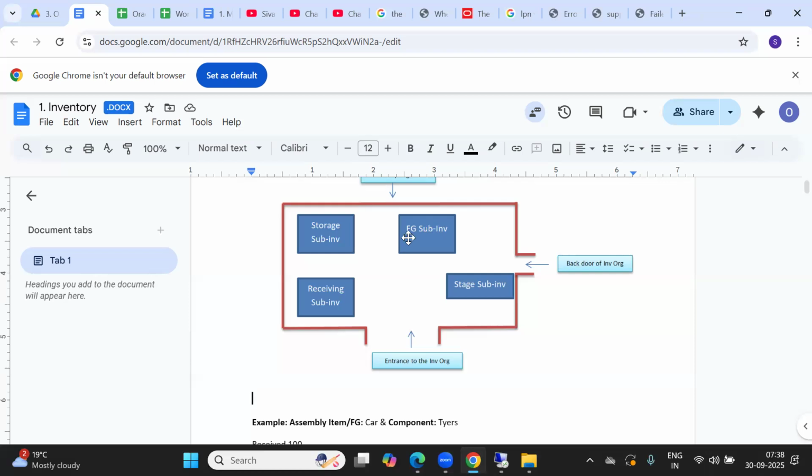If you move the quantity from the storage sub-inventory to another sub-inventory, that is a sub-inventory transaction. A miscellaneous receipt just increases the quantity in one sub-inventory, and a miscellaneous issue decreases it. Moving the quantity from one sub-inventory to another is called a sub-inventory transaction.